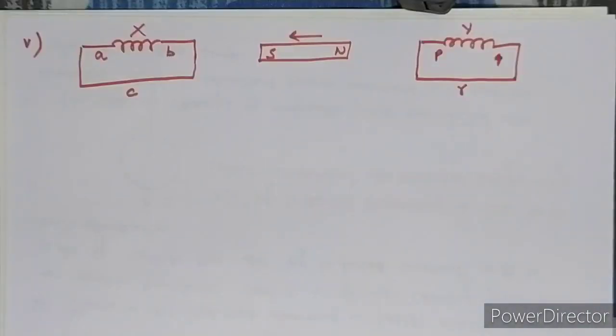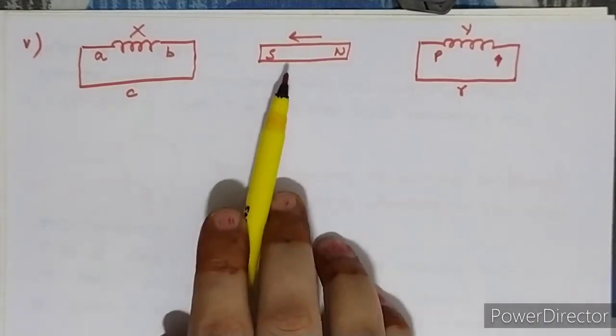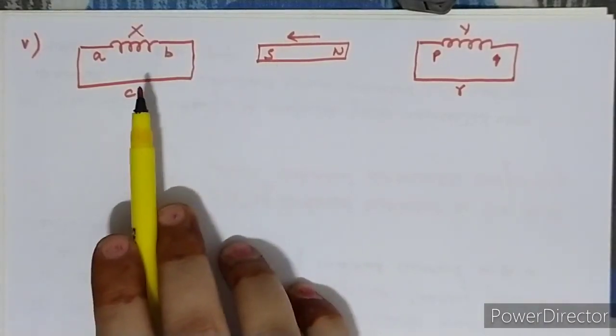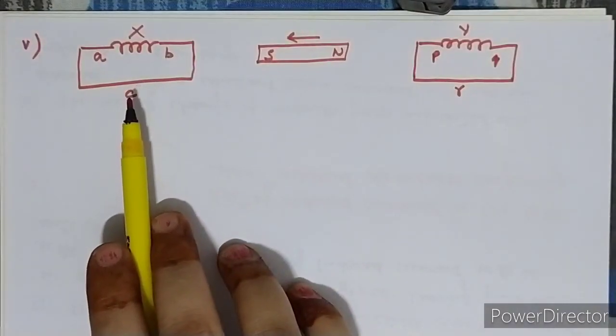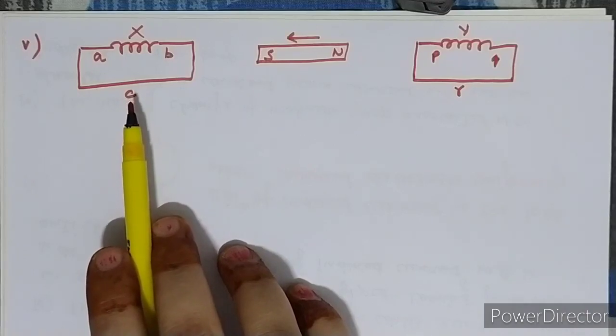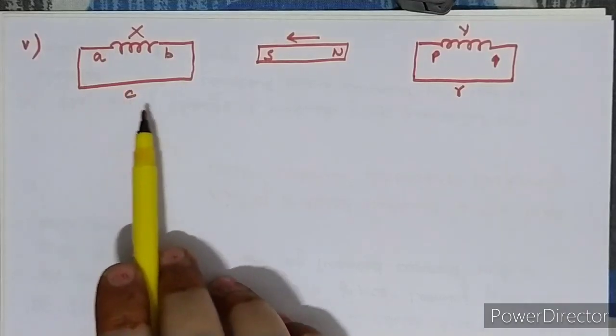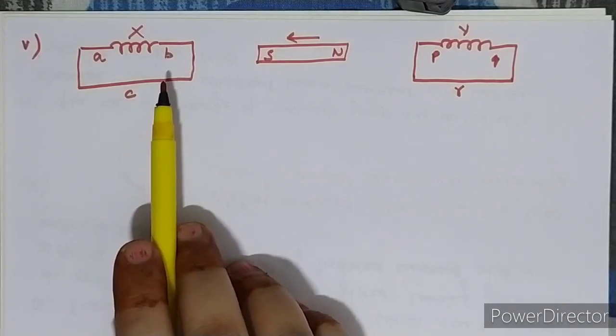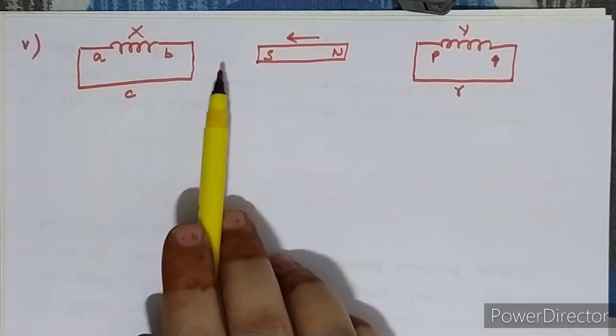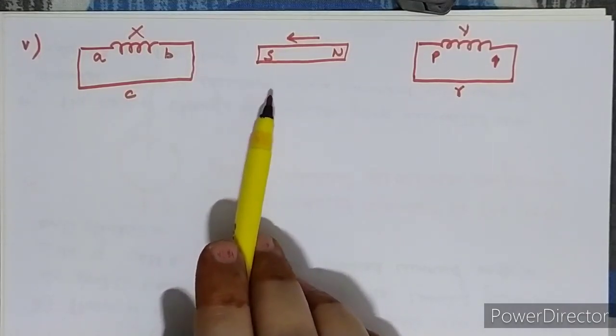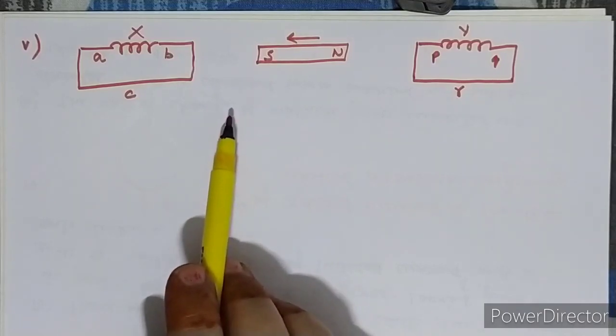Okay, now in this, as we know that the south pole is moved towards the coil X, then the induced current is in the sense of ACB. Okay, south pole is coming, south is for which direction beta? Here.